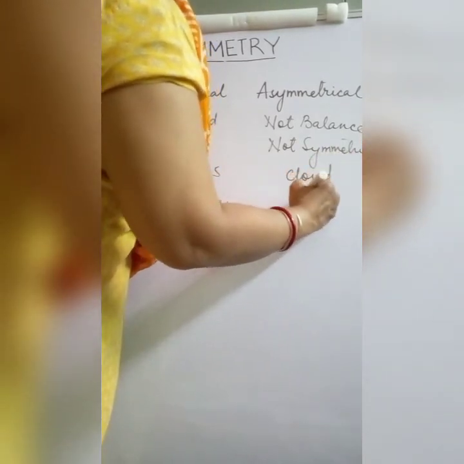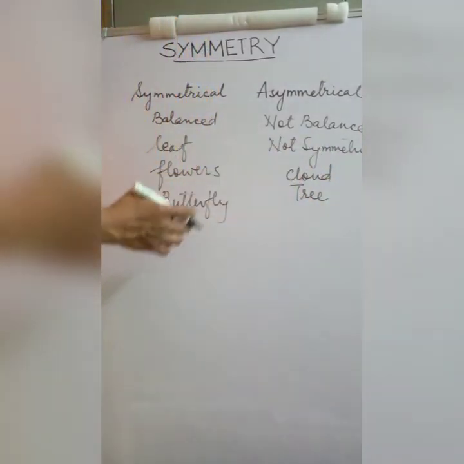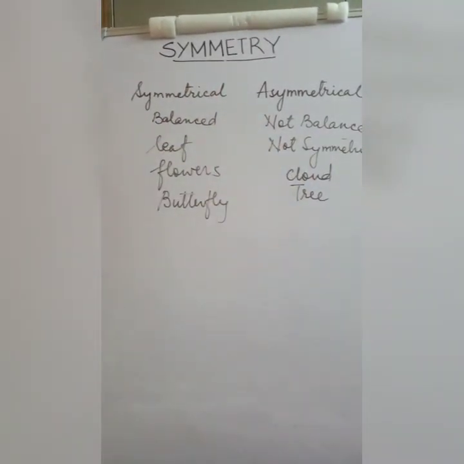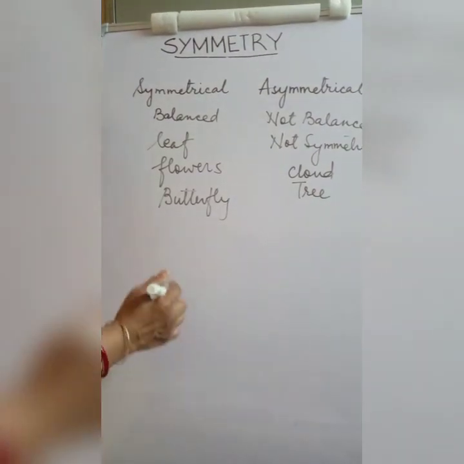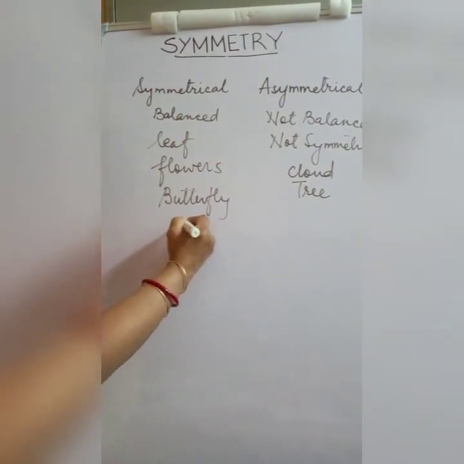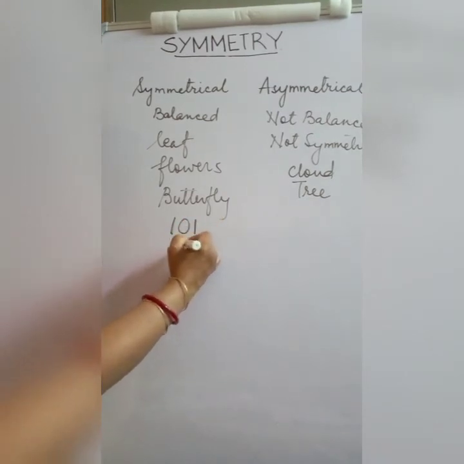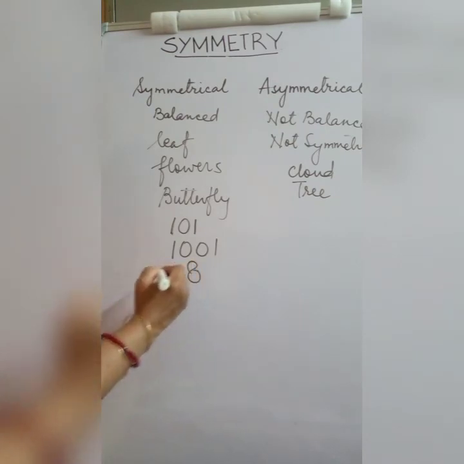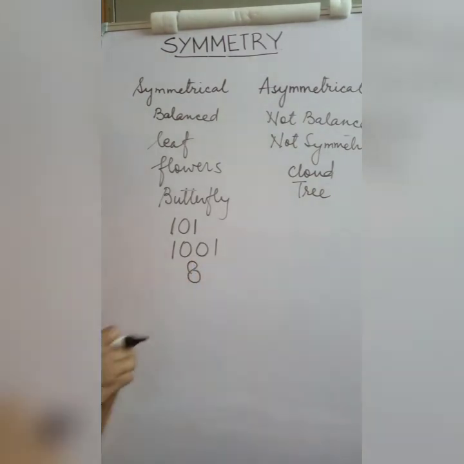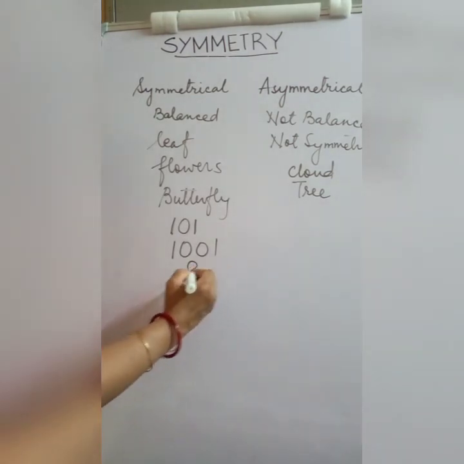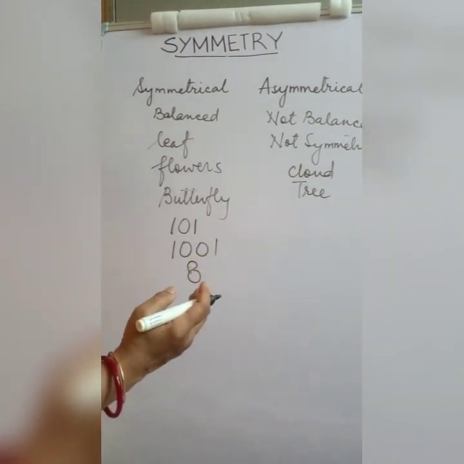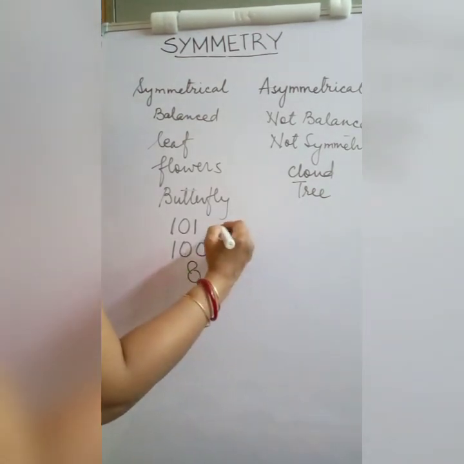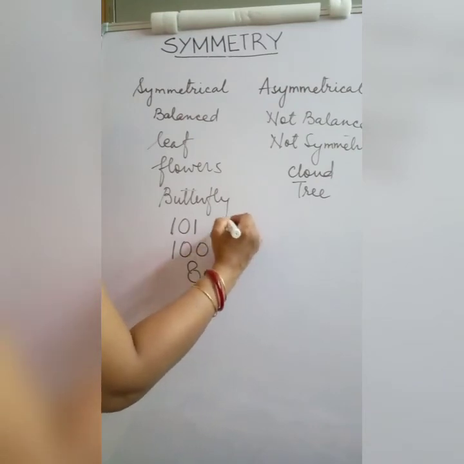So cloud and tree, usually we say they are asymmetrical objects. Then numbers like 1, 0, 1, 1, 0, 0, 1, like 8. These are the numbers which are symmetrical. You can write 1, 1, 1 also.